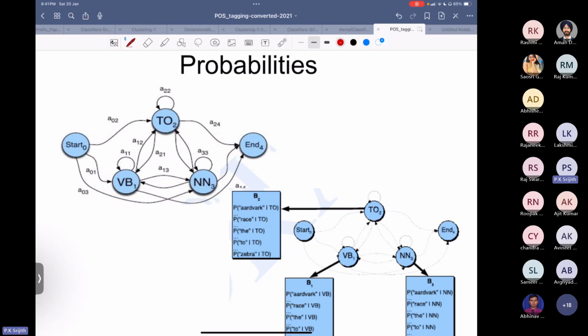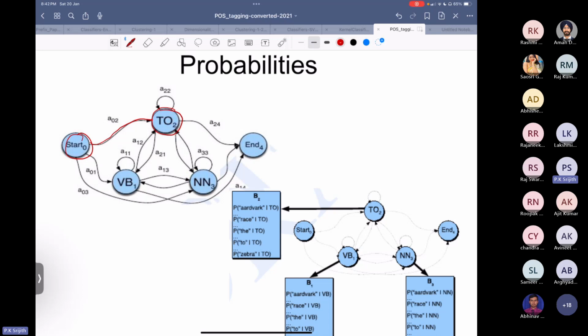You start with some start state, and at the end of the first step, you may move to a state. A state is nothing but the tag, the label that is associated with the first word, and then from there you move to the label associated with the second word, and then to the label associated with the third word, and finally you end.